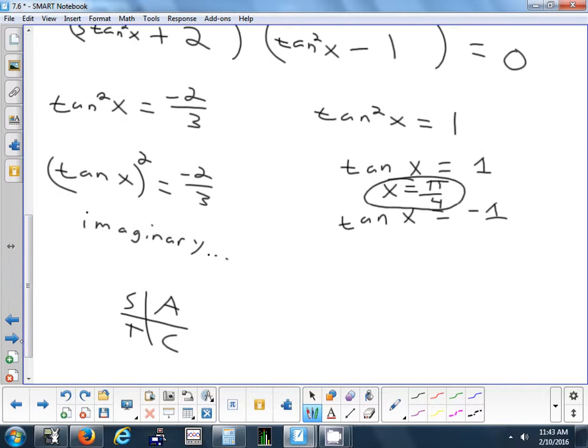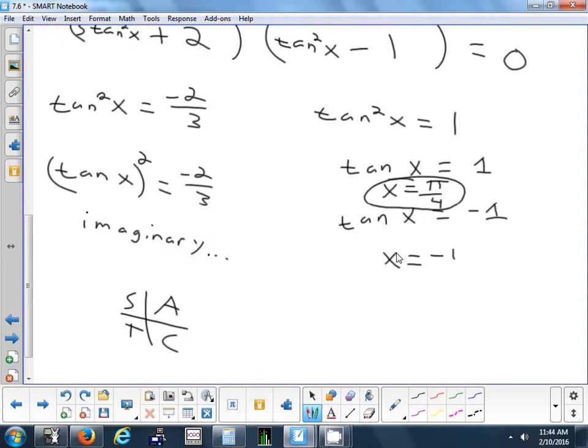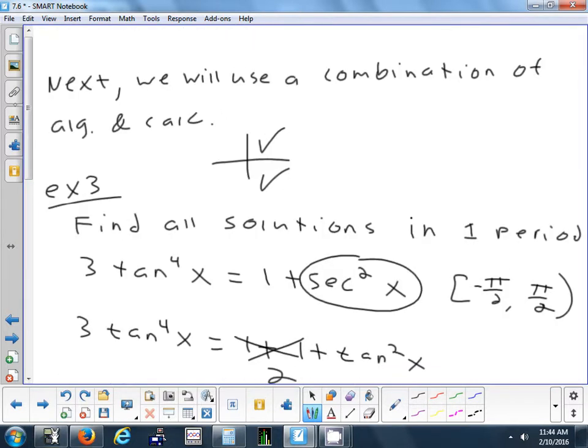Okay, let's do inverse tangent of negative 1. It's just going to be negative 45. It's negative pi over 4. And now if you go through the same logic, the other quadrant where tangent is negative is quadrant 2. But the problem is quadrant 2 is not between negative 90 and 90.